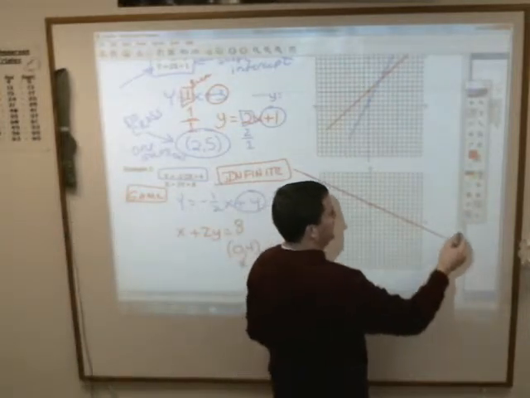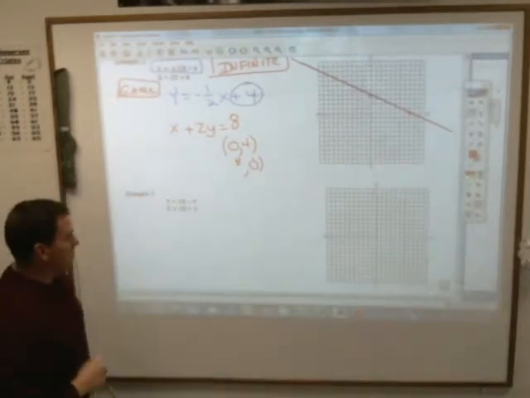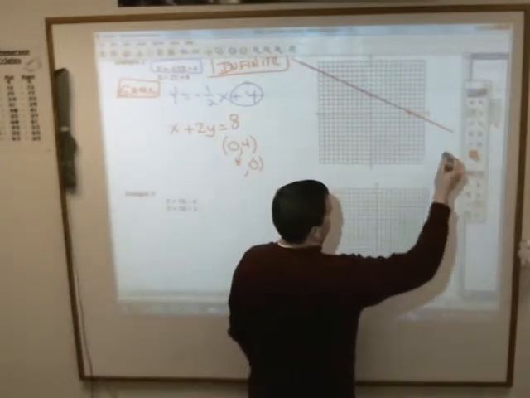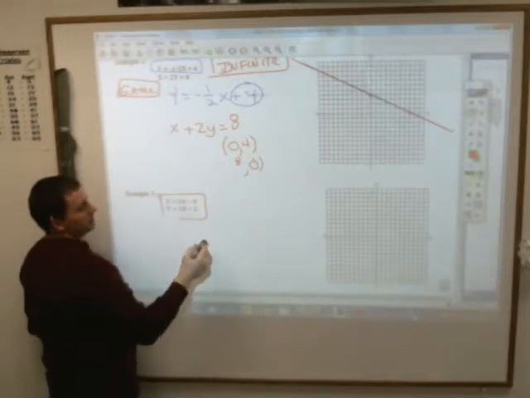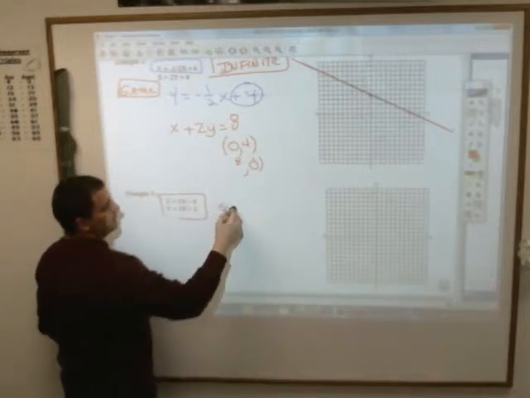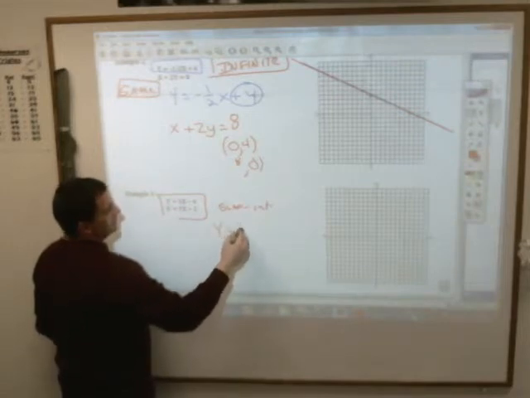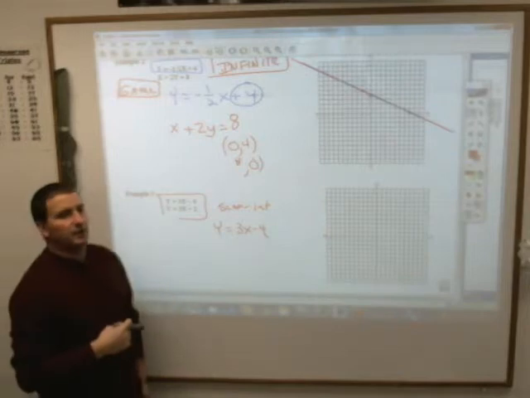And then our last case. If I'm doing this one, both of these are solved for y, so I would use slope-intercept for both of them. And really, it shouldn't take you very long to graph these. First thing I do is put a dot where?